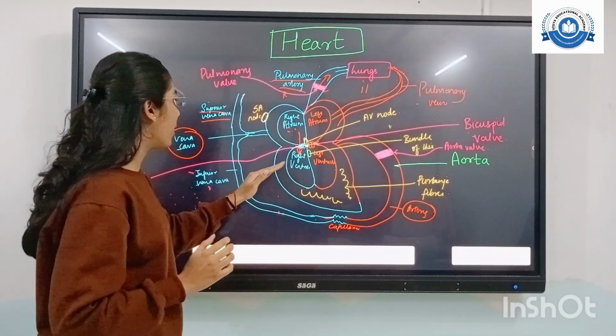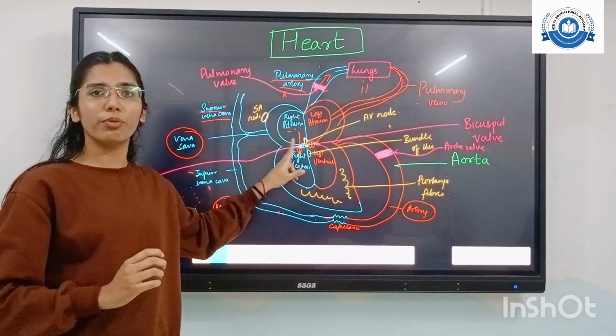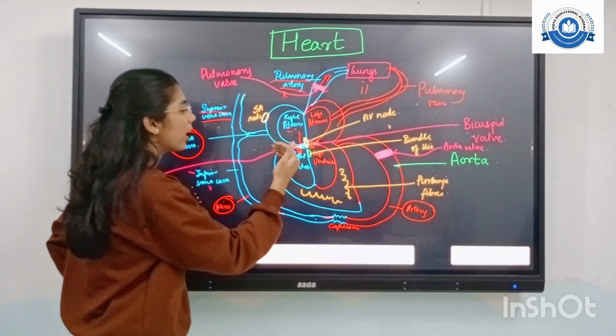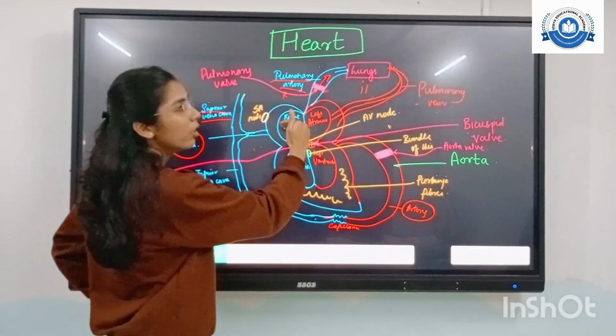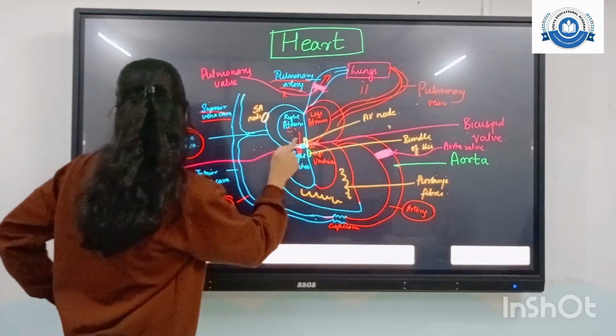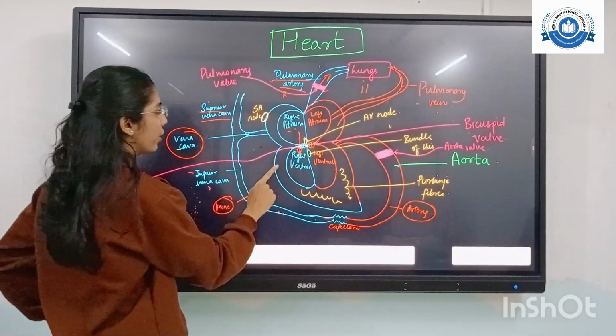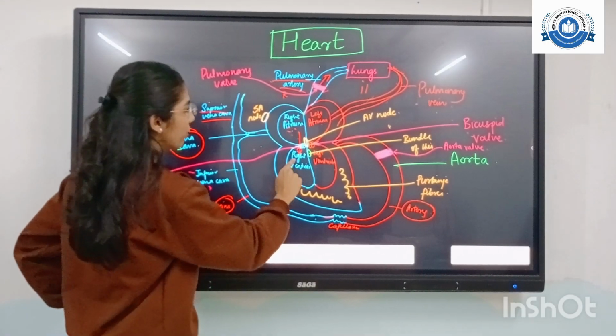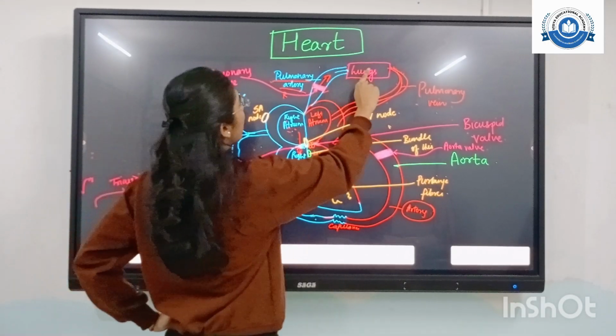That does not happen in the presence of the valve. So the valve does the function that it doesn't allow the blood to go back to the right atrium. This tricuspid valve does that function. So from here it enters into the right ventricle, and from here it goes into the lungs.